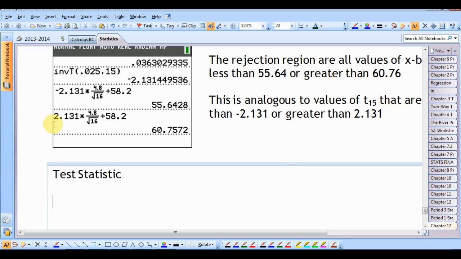Test statistic, t sub 15 is equal to x bar, which is 56.85, minus 58.2, divided by 4.8 over square root of 16.